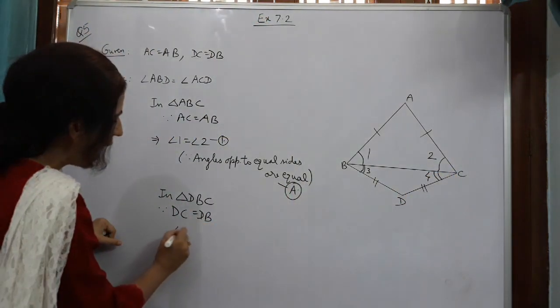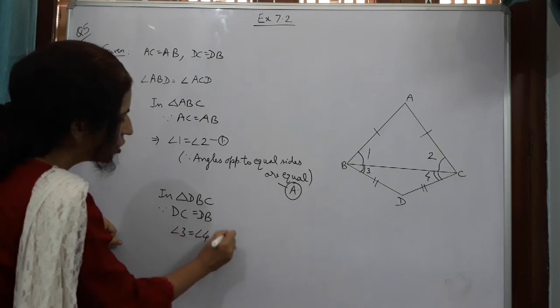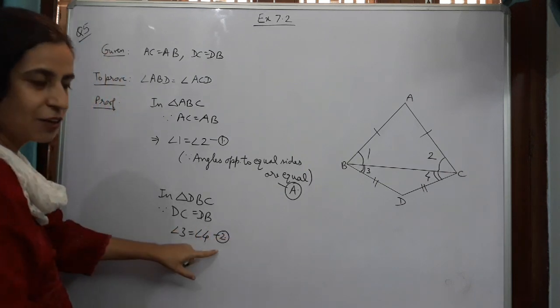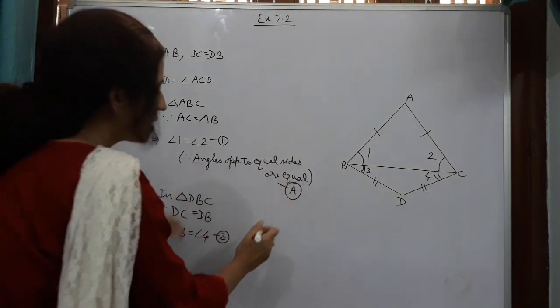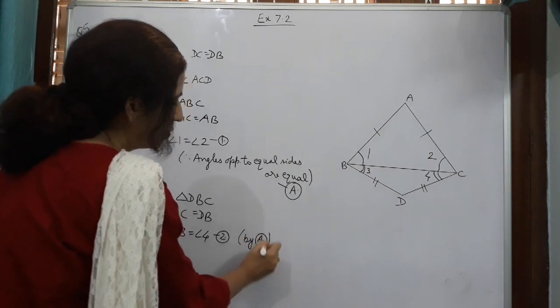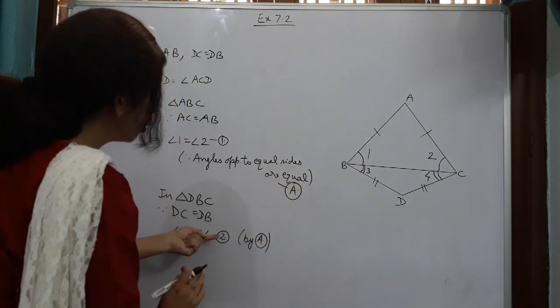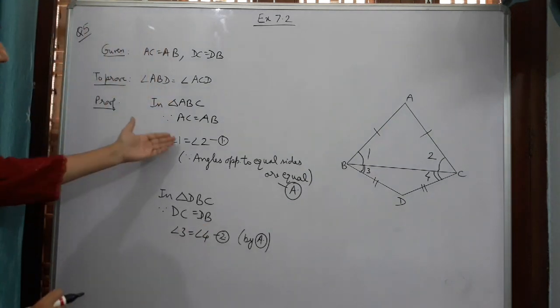We obtain angle 3 is equal to angle 4, and let this be equation 2. And what is the reason for it? Reason is the same. Angles opposite to equal sides are equal. So over here we write down by A. This is the property by which angle 3 is equal to angle 4. Now what we do?